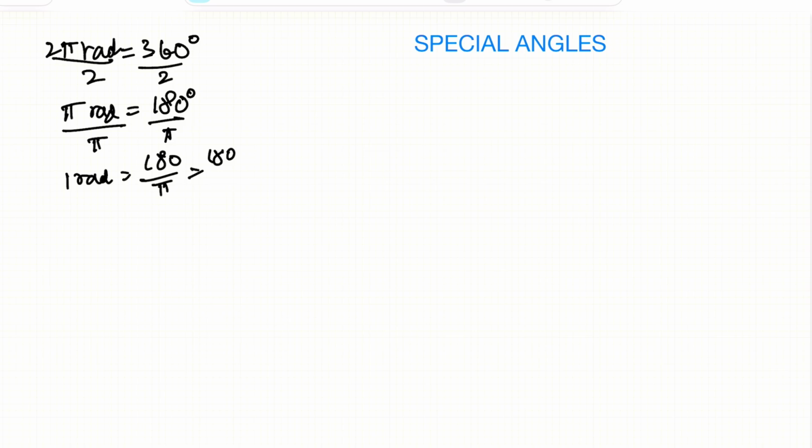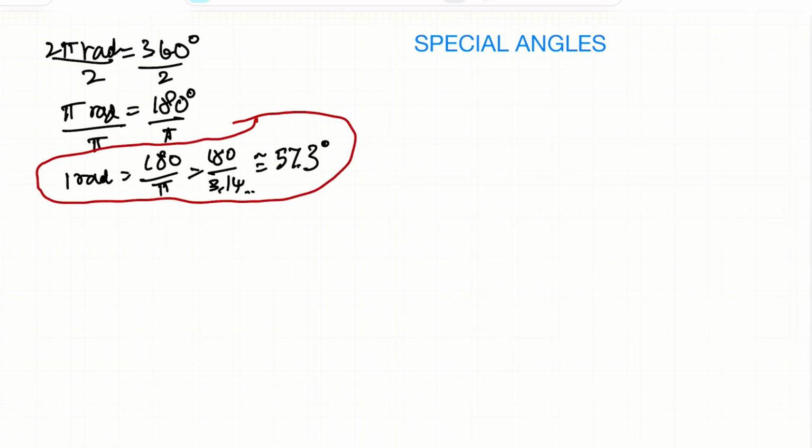That's 180 divided by 3.14, and so on. That's approximately 57.3 degrees. So if we convert 1 radian into degrees, it is 57.3.